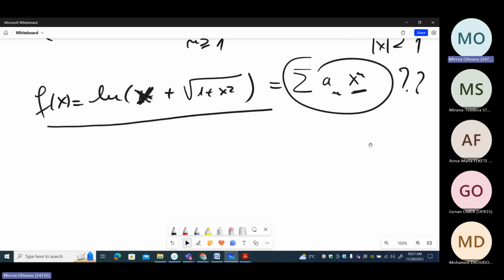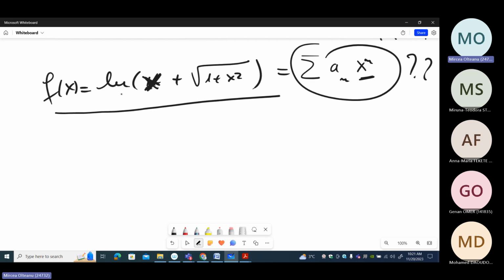Now, we have the usual technique in the lecture. The idea is usually to look at the derivative of the function, or sometimes the primitive, but usually it is about the derivative.